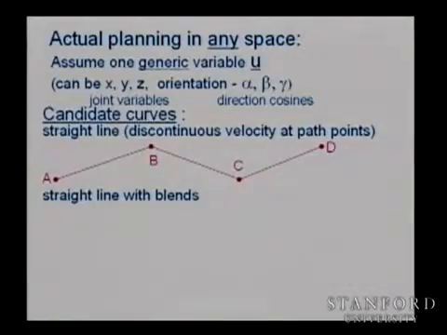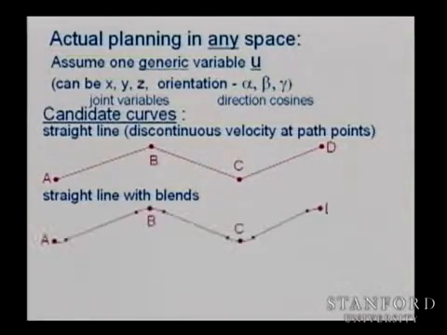So what do we do? Straight lines with blends at those intermediate points. We start, and usually we have time to accelerate on the robot; it doesn't just start from scratch.